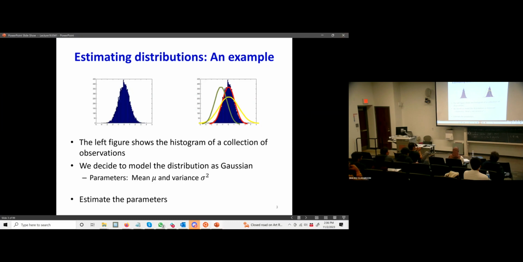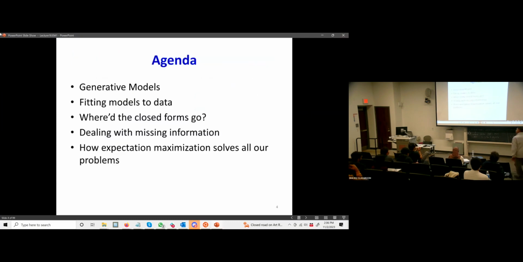Now, in each of these cases, we have a problem of estimating a probability distribution from observations. And the assumption, of course, is that there's an actual natural probability distribution for the data. You may or may not know it. It may or may not have the specific formulaic form that you decide on, but you're going to assign something to it and you're going to estimate its parameters, okay?